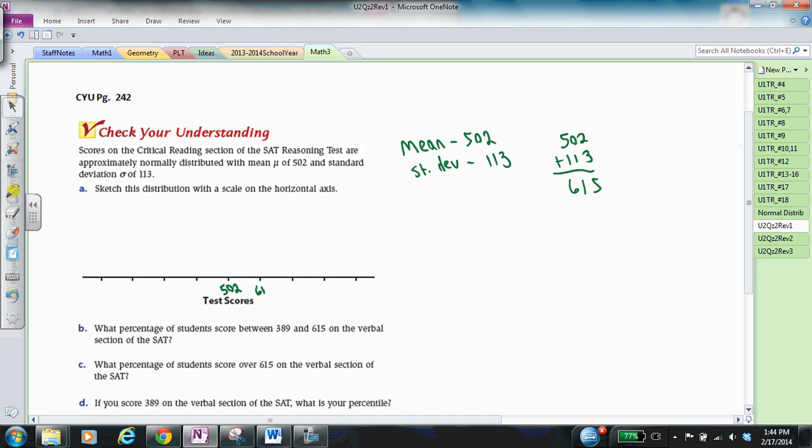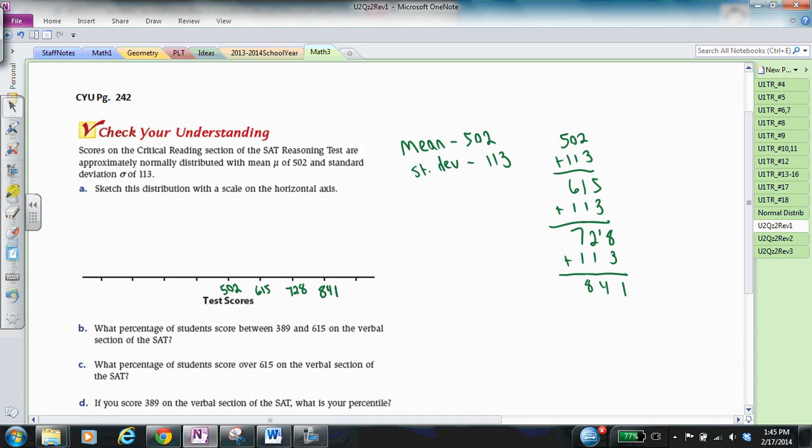So my next value is going to be 615 there. Add another standard deviation to that, I get 728. So that's my next value there. Add another standard deviation there, I get 841. So that's my final tick mark there that I'm concerned about.